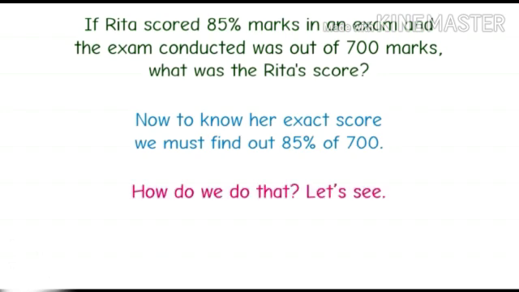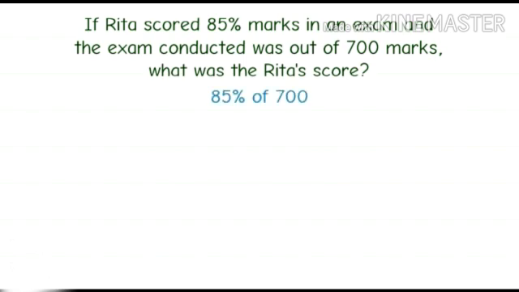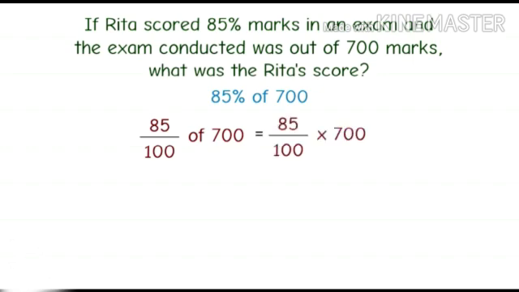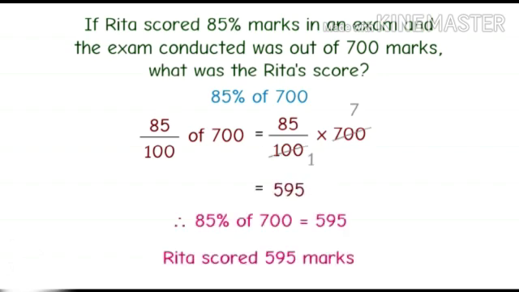Let's see. 85% of 700 is equal to 85 by 100 into 700. 100 in 100 one time and in 700 7 times gets cancelled. And 85 into 7 is equal to 595. Therefore, 85% of 700 is equal to 595. Rita scored 595 marks.